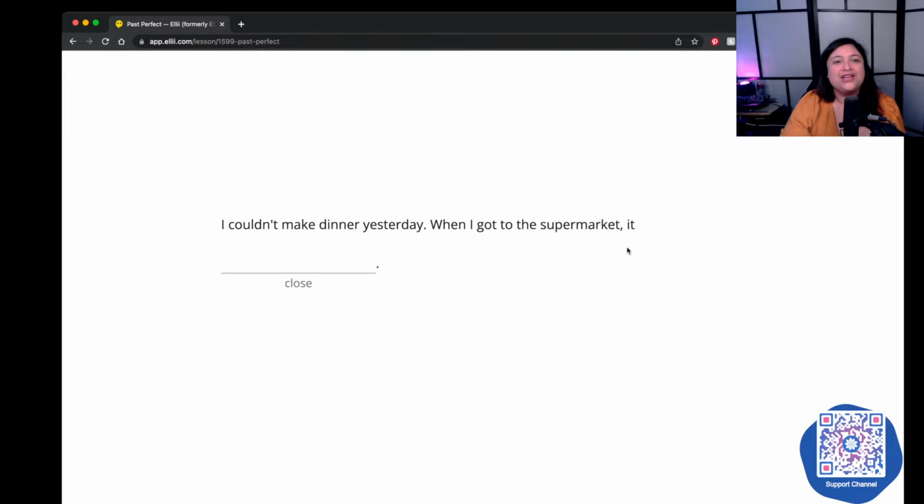What would the conjugation be? If we were doing the present perfect, you would be so correct, but we're doing the past.